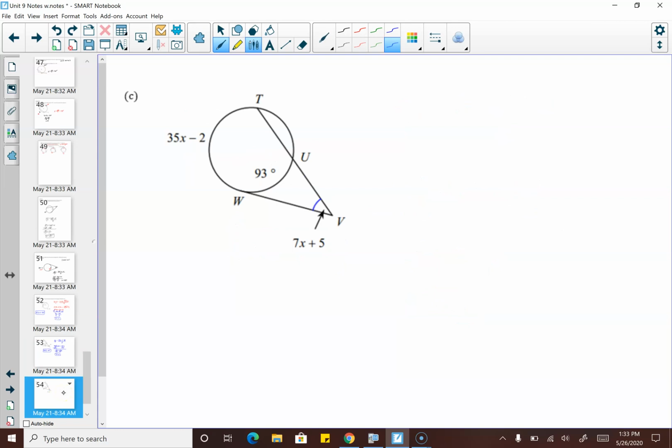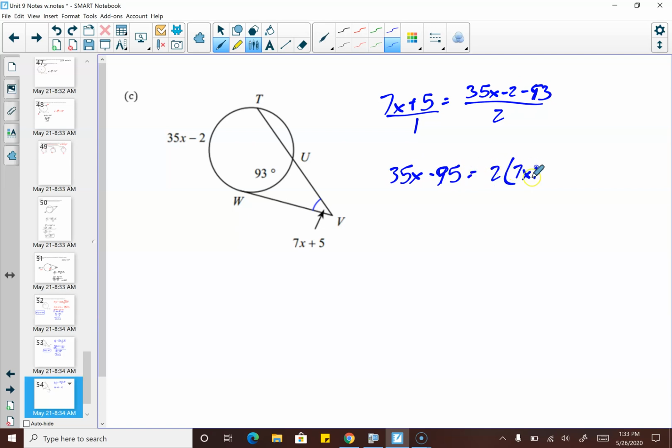And the last one here, so we are 7x plus 5 equals 35x minus 2 minus 93 over 2. So again, we're over 1, we cross multiply. So we can do the subtraction again. So 35x minus 95 equals, and we'll have to distribute here.